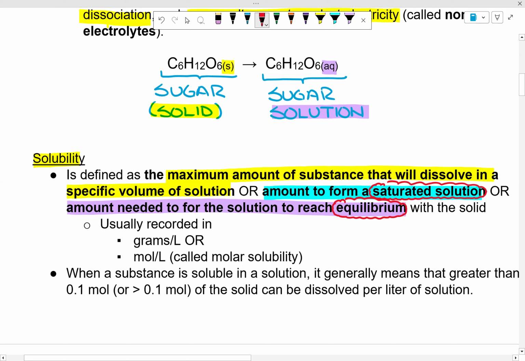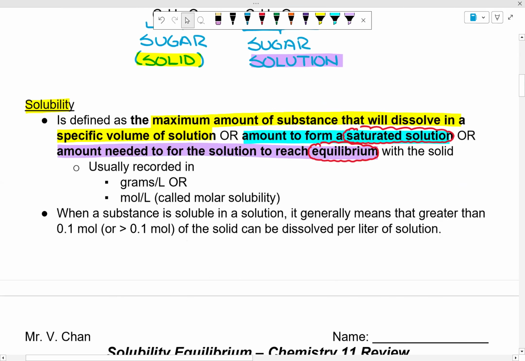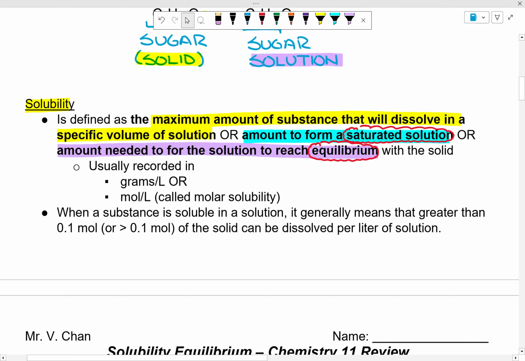When we talk about solubility, we either use grams per liter or moles per liter. Both units are something per liter, but one is grams and the other is moles. When we use moles, that's called molar solubility. One thing to be aware of for chemistry 12 is that when a substance is soluble in solution, it means that greater than 0.1 mole of a solid can be dissolved per liter of solution.